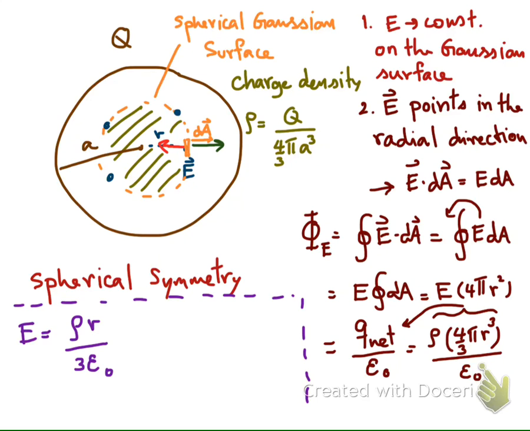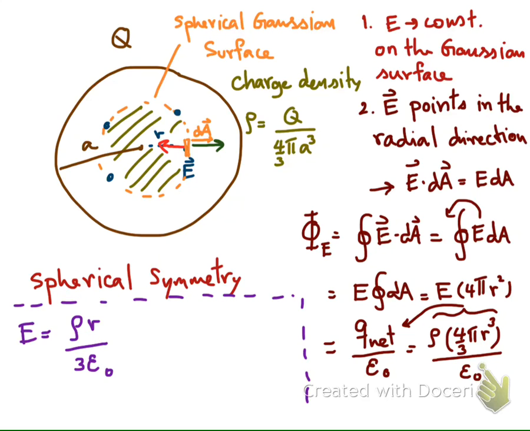If we take this term to this side, the 4 pi cancels with this 4 pi, and the r squared cancels with part of this r cubed, leaving r.